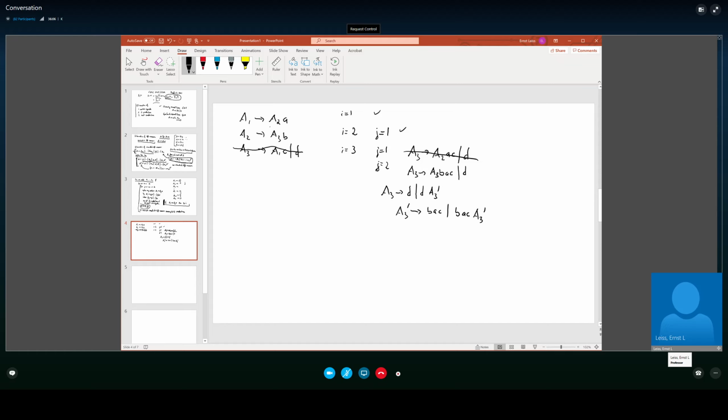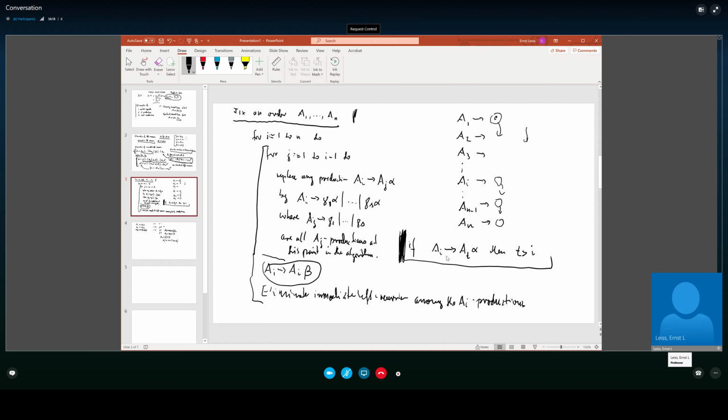And so now we have achieved the goal, which was that if we have a production, AI goes to AT something, alpha, then that AT has to be further down in that list of variables.